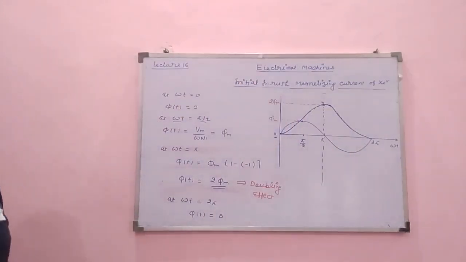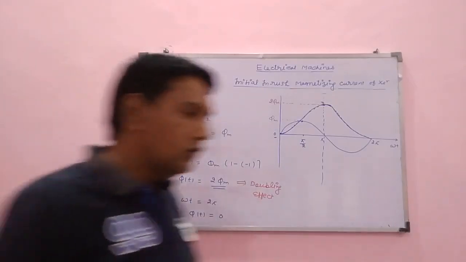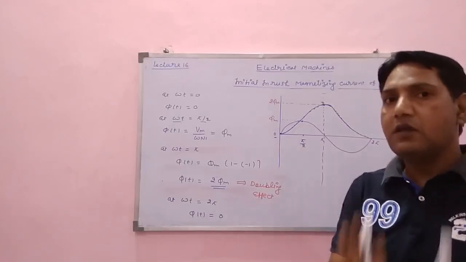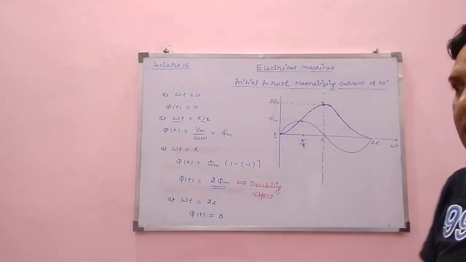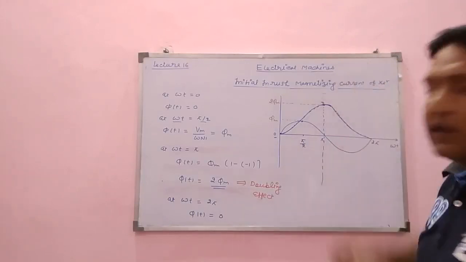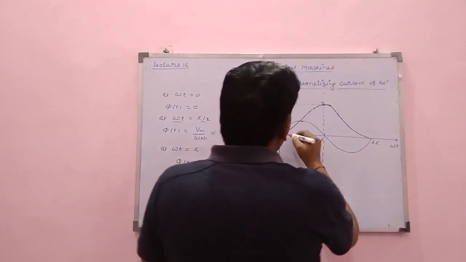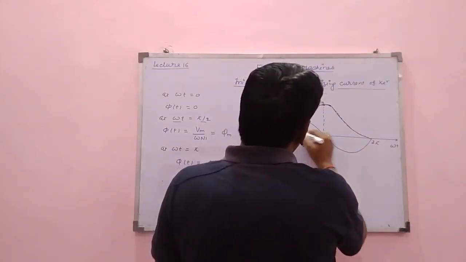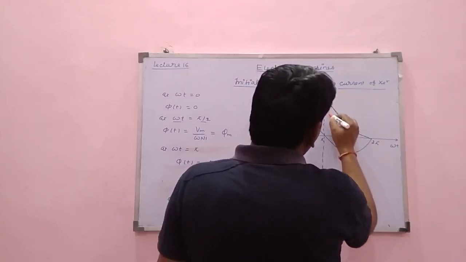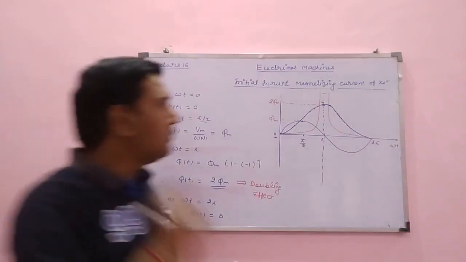Okay, so the current, that is the magnetizing current. You know the magnetizing current depends upon the flux. So magnetizing current is in same phase with the magnetic flux. So at pi there is a large magnetizing current due to the doubling effect. So the magnetizing current will look like that, because it will be in same phase.